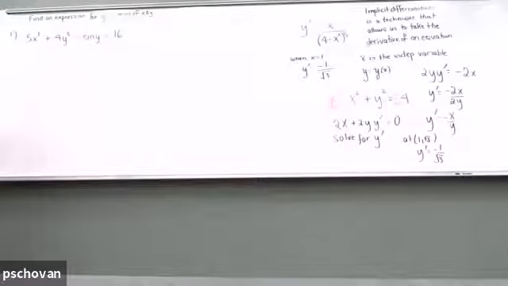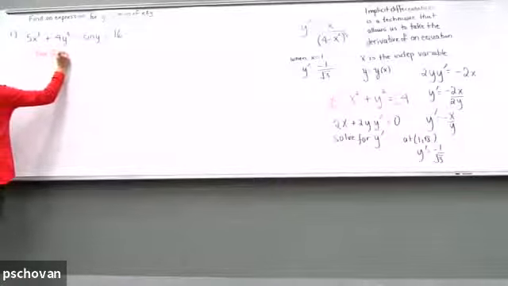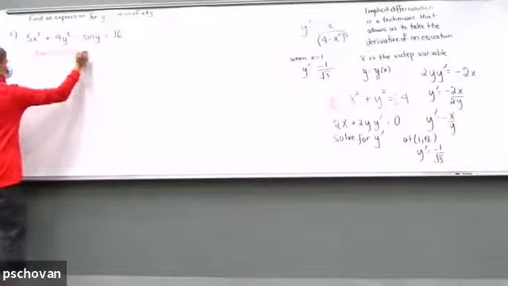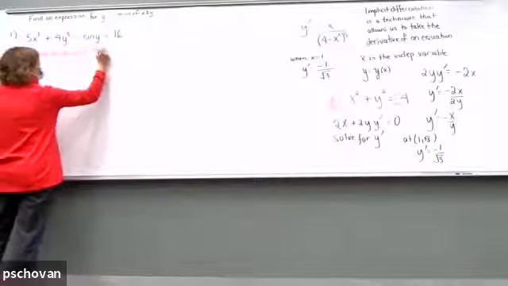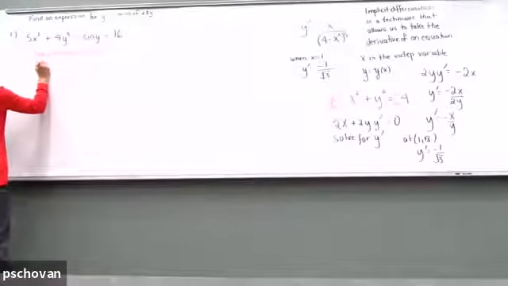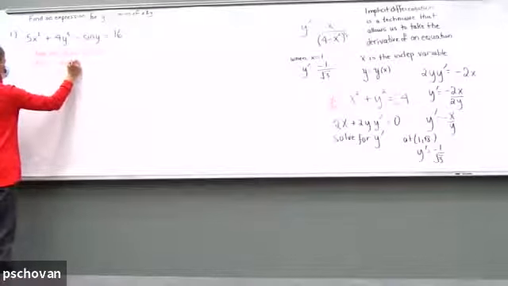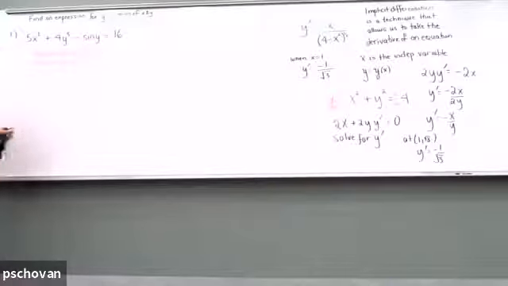That's what we're going to do: take the derivative of each term with respect to the variable x. So here I am taking the derivative of 5x cubed, and I'll get 15x squared.